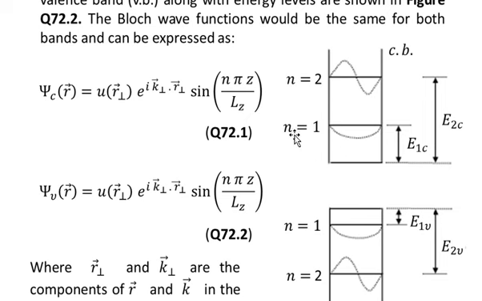In the conduction band, the first state represented by n is equal to 1 is separated in energy from the base of this quantum well. The energy of that level is E1c, and the energy of the level n is equal to 2, referenced with respect to the bottom of the quantum well in the conduction band, is represented by E2c.